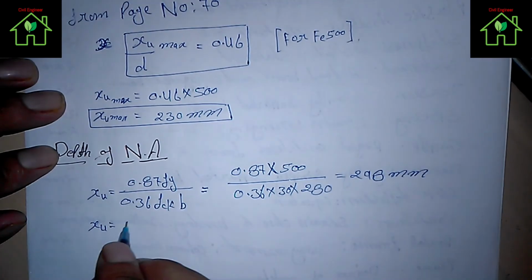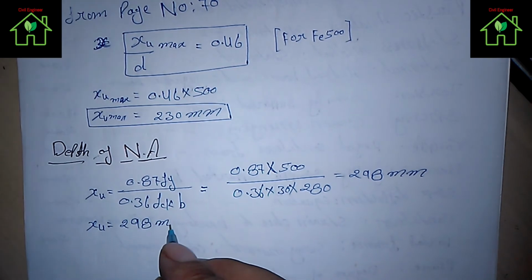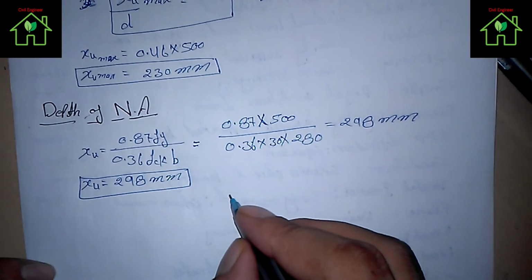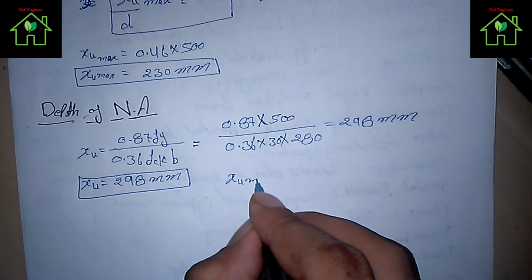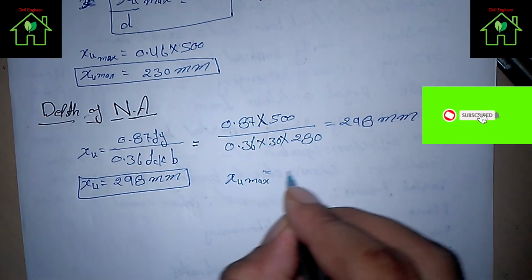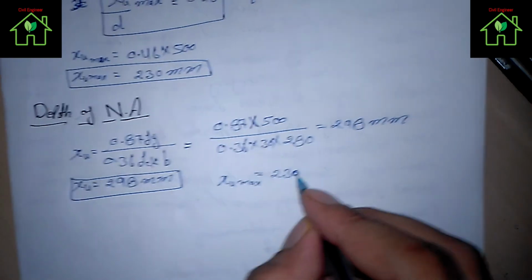Xu is equal to 298 mm. And here Xu max is equal to 230 mm.